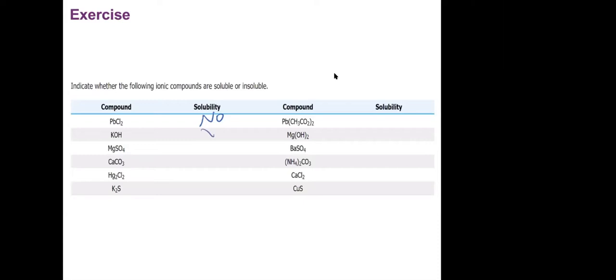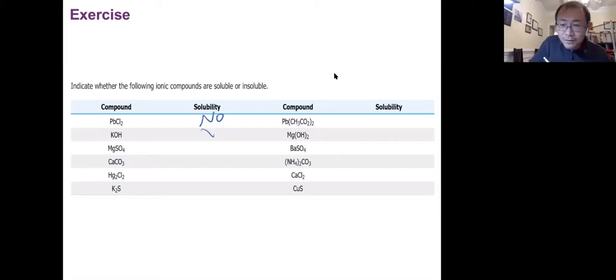Maxine, you're answering? Think again. Yes or no? No? Unfortunately you're wrong. It is yes, because it contains potassium. Anything with potassium is soluble.